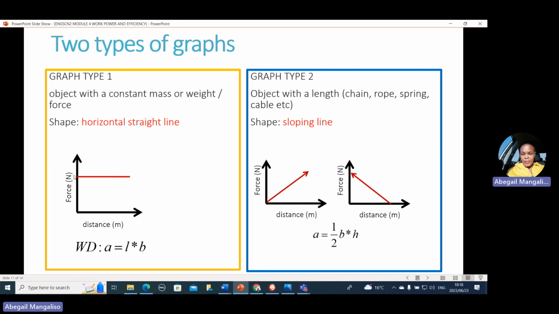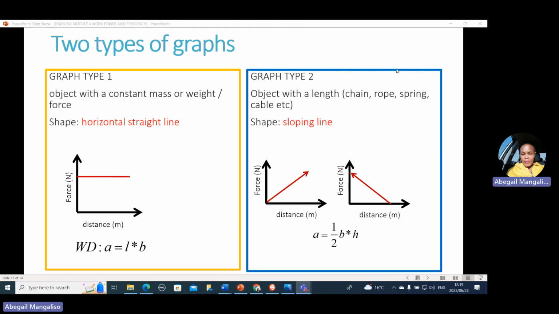Whether it's moving for 50 meters, as long as its weight is not changing, it will be represented by a straight line, but the distance is increasing. Since this is a rectangle, to calculate the work done, it will be length times breadth. It will be this side and this side to get your work done.